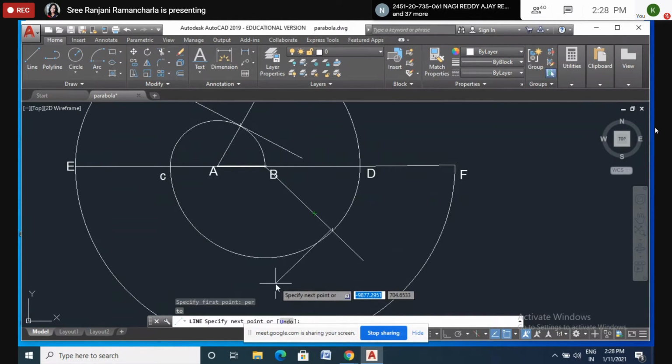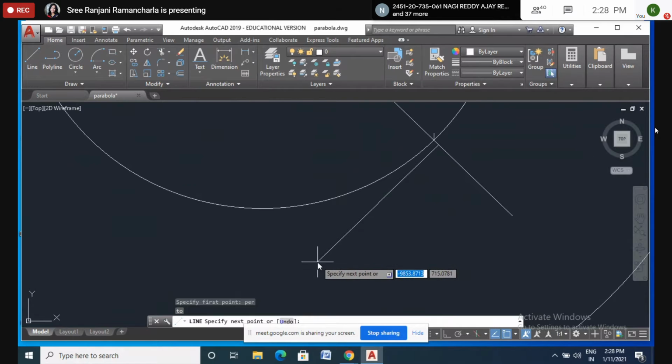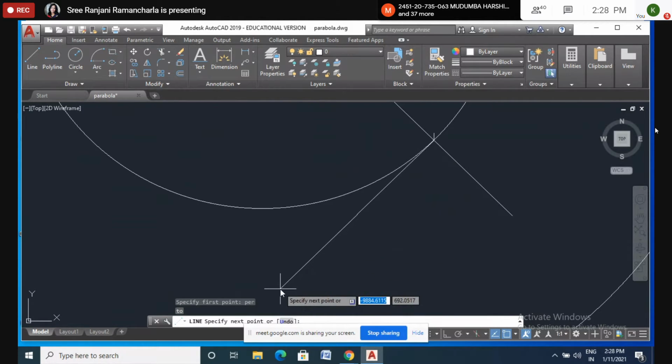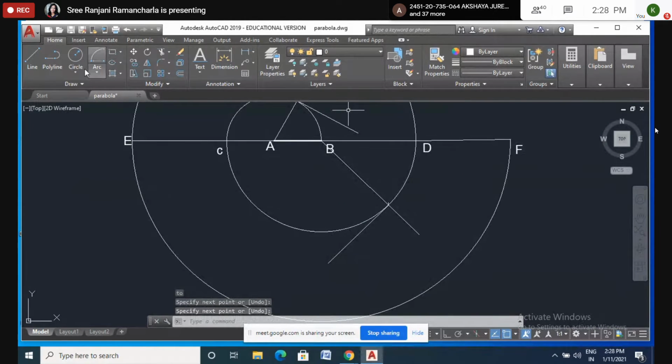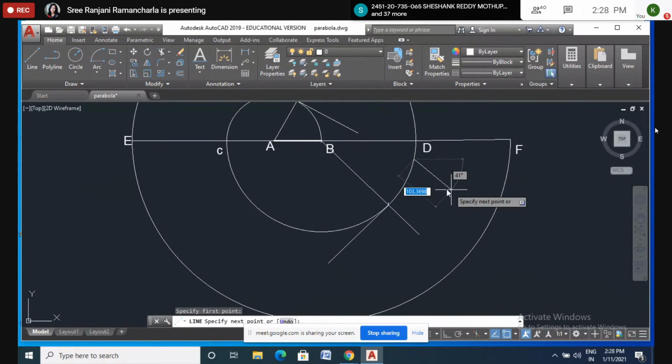Now you can see here, I'm drawing a perpendicular line. Okay. Now I want to extend this line. So for extending, I want to draw one more line here to extend this line.